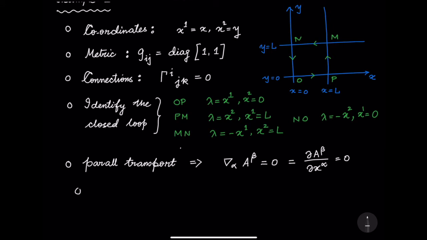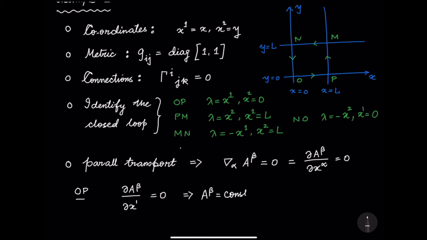So if I look at the curve segment OP, this equation is essentially the derivative of A^beta, and what changes is x1, so this is the derivative with respect to x1 equals 0. And you see x2 is 0 for the entire curve. So this essentially means that A^beta is constant.